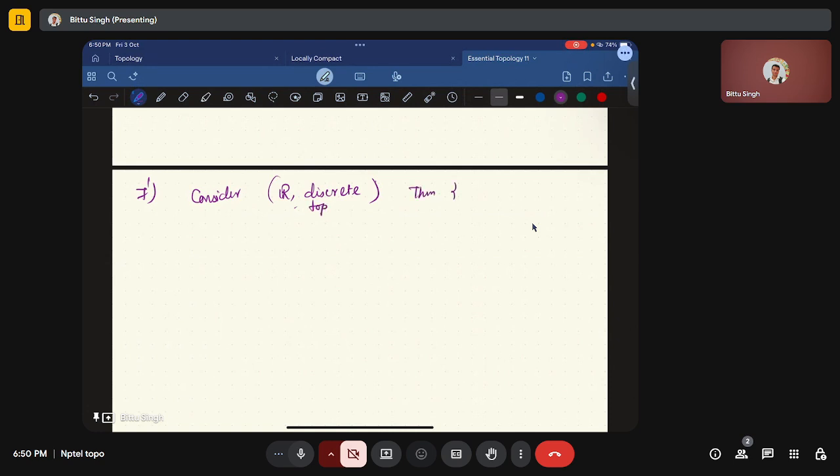Then the sequence 1 by n converges to: option A 0, B 1, C -1, D nothing.